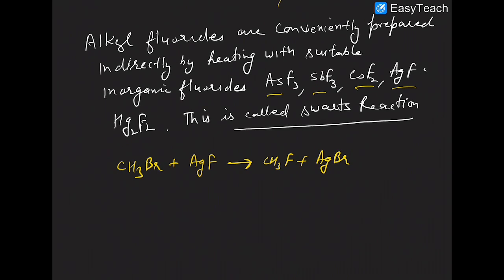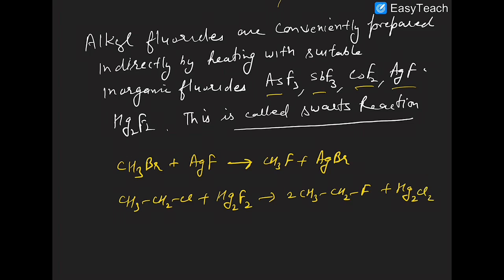Similarly, if you have chloroethane plus Hg2F2, what happens? You have the formation of fluoroethane plus mercurous chloride. This is known as the Schwarz reaction.